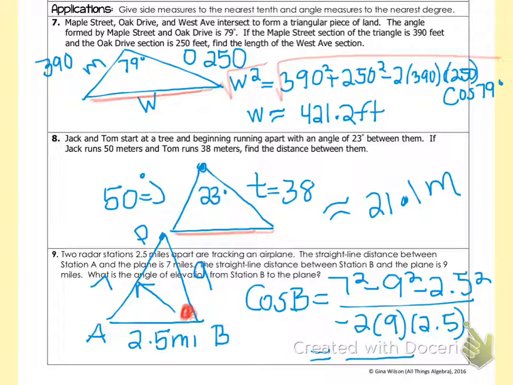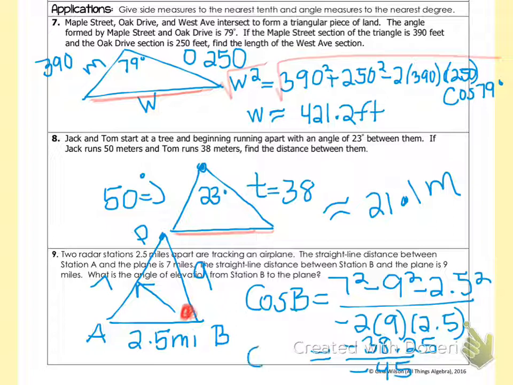So that numerator is 7 squared minus 9 squared minus 2.5 squared, and that's negative 38.25. And the denominator is negative 2 times 9 times 2.5, which is negative 45.